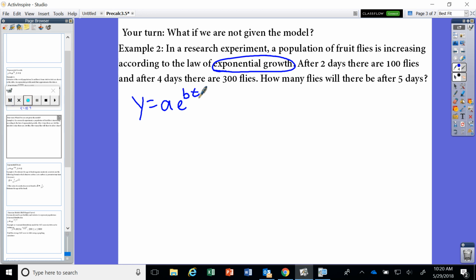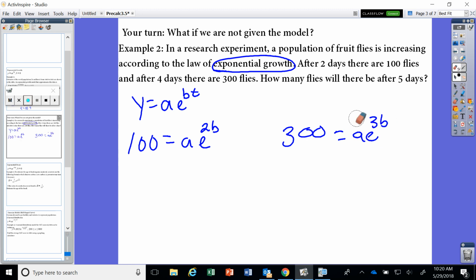And in 2 different scenarios, 100 flies were produced when there were 2 days involved, and 300 flies were produced when there were 3 days involved. Okay? Now we utilize this information to solve for our missing variables.